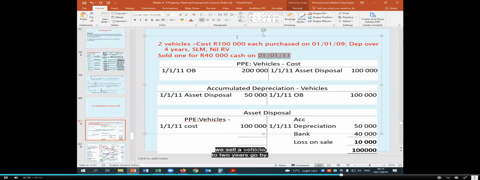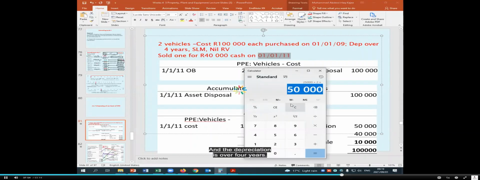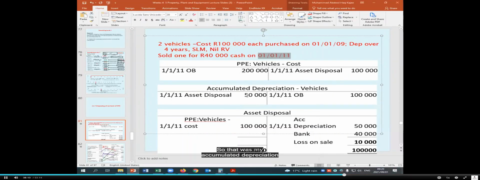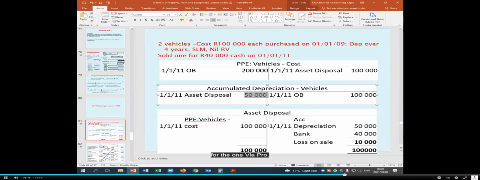So 2 years go by. And the depreciation is over 4 years. So 100,000 divided by 4 is 25,000. For 2 years, that gives you 50,000. So that was my accumulated depreciation for the one vehicle.